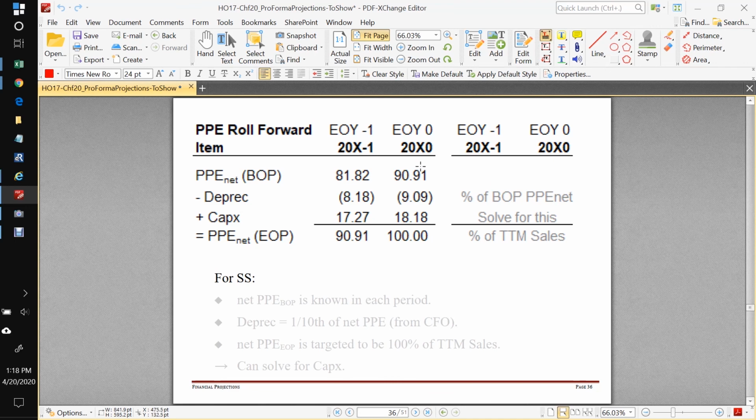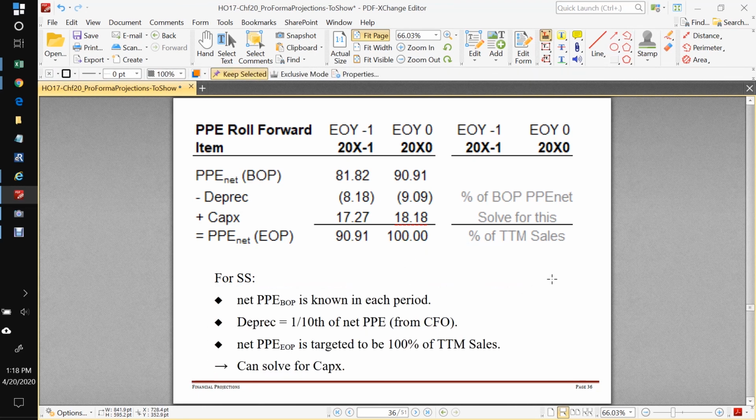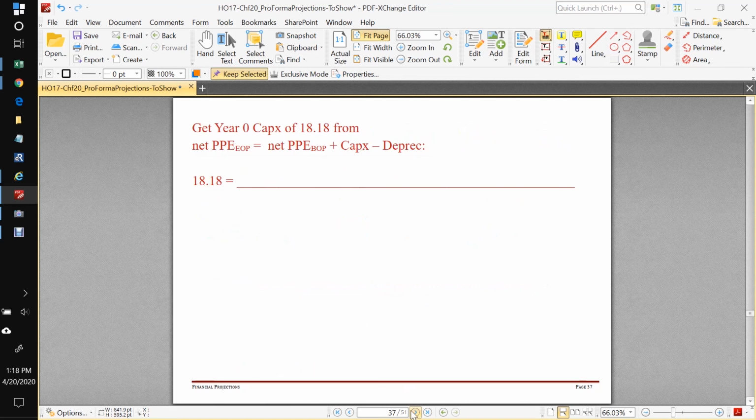So in this case with Sahali, they know where they want to be, they know what depreciation is, and they solve for the amount of CapEx they have to spend to hit their target for net PPE at the end of the year. They can solve for their CapEx using the roll forward equation.